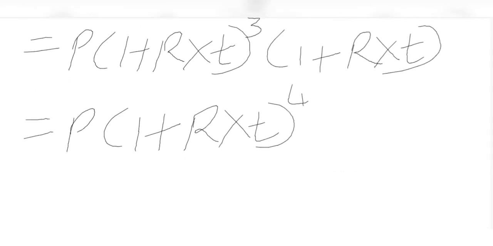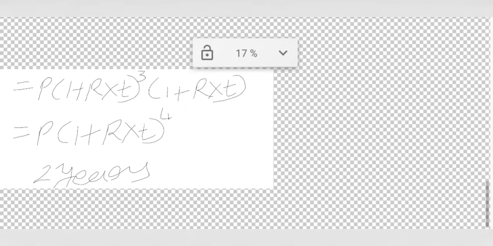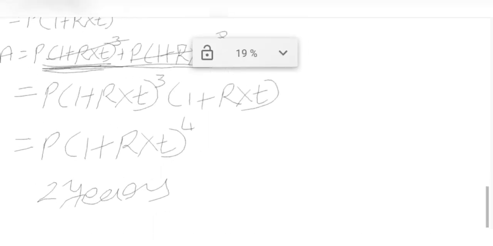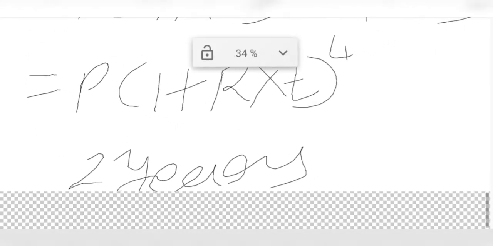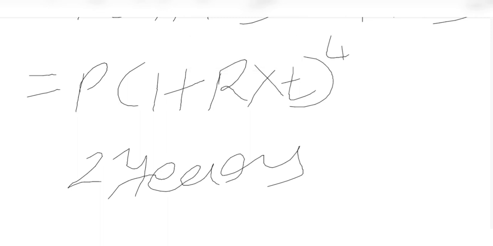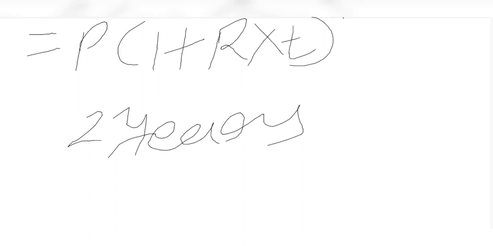Now, how many times is interest paid in 2 years? Semi-annual means 2 times in a year, so interest is compounded or paid 2 times in a year.